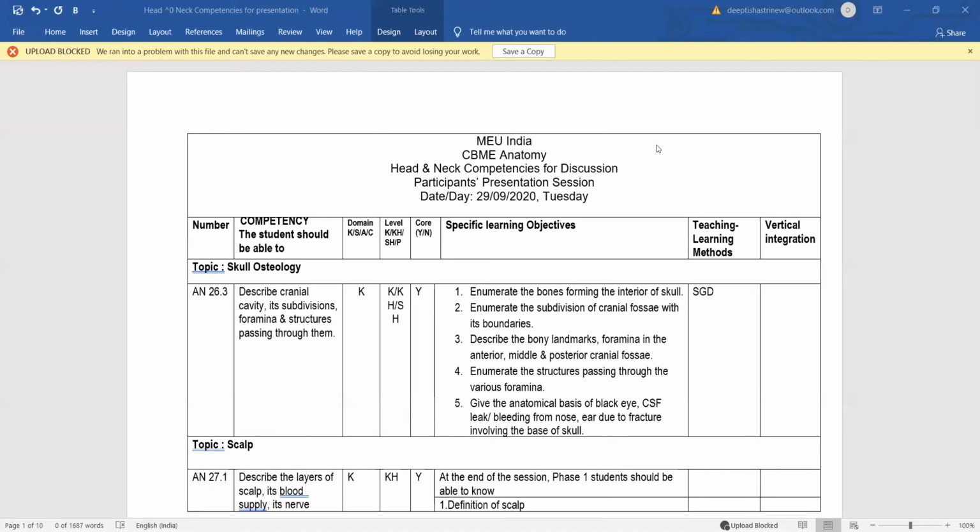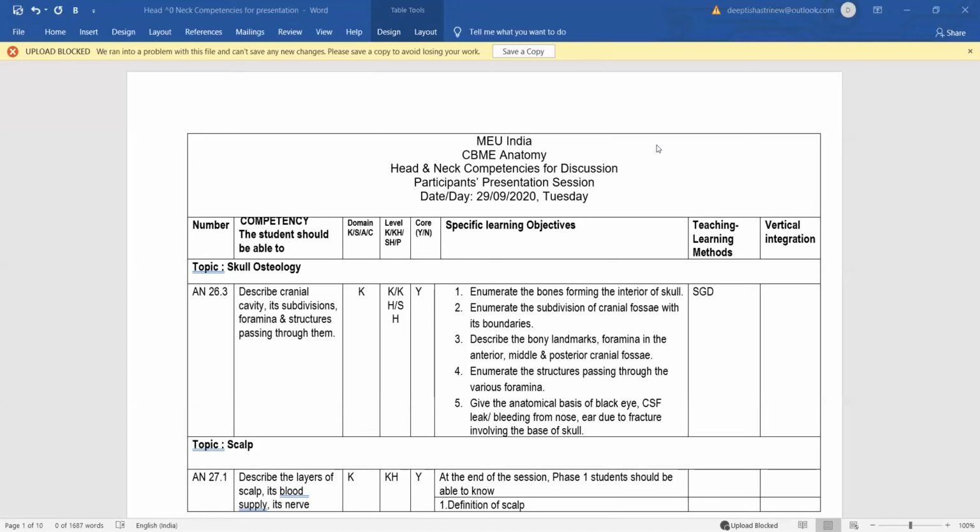Proficiency would be K. When you come to describe, it would be KH. And here, this is just describe. Can we look at the competency and look at the level of proficiency? The MCI document gives SH also as a level of proficiency for this particular competency, but the domain is just K, knowledge.